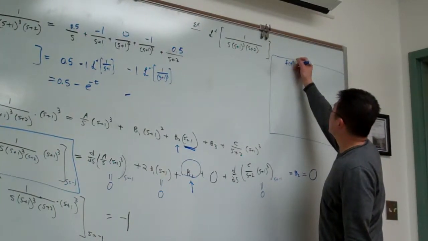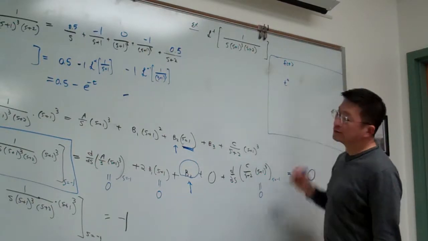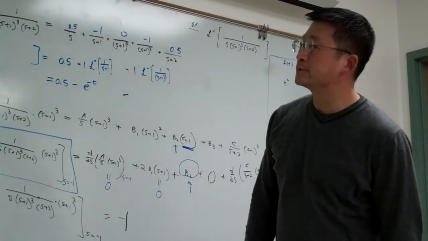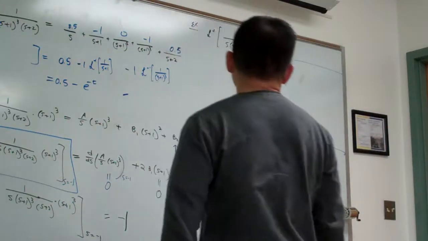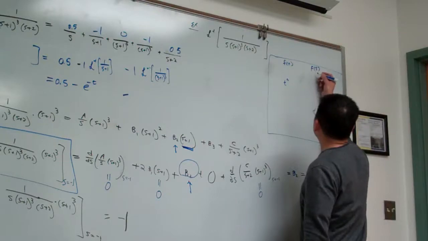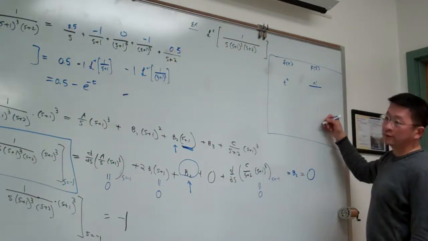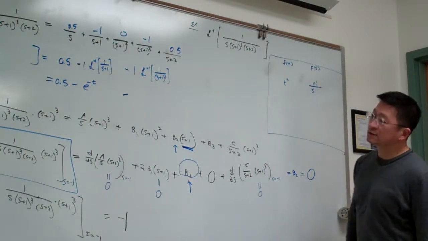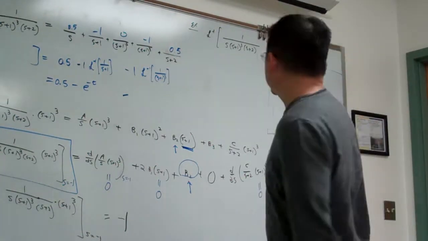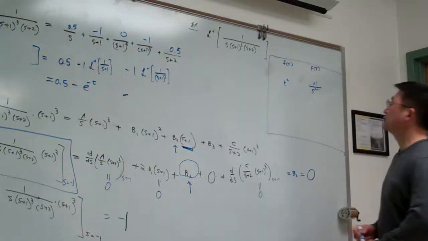This is f(t), and we have t to the nth power. And this is the Laplace transform, and that one equals n factorial over s to the n plus 1. Okay.